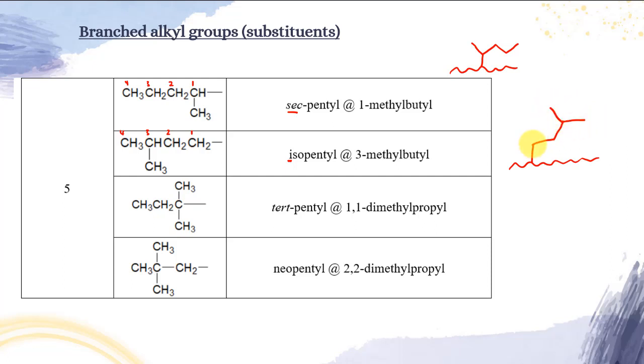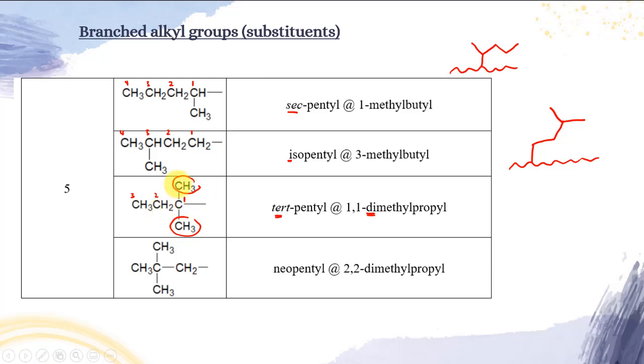And the next example here we have tert-pentyl. Tert means tertiary, so the carbon which is attached directly to the parent is the tertiary carbon. Following IUPAC naming, it's called 1,1-dimethyl propyl. Di because you have two methyl groups attached to the same carbon 1.